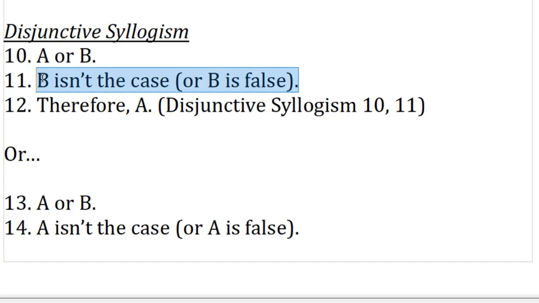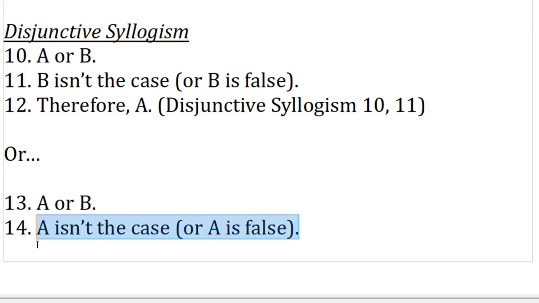And if you really have knocked it out of the way, then you're left with only one option, which in this case is A. One thing to know about the form here is that it is still disjunctive syllogism if the thing that you knock out of the way is the A instead of the B. So either one of those, it's still going to be disjunctive syllogism. That's perfectly fine.